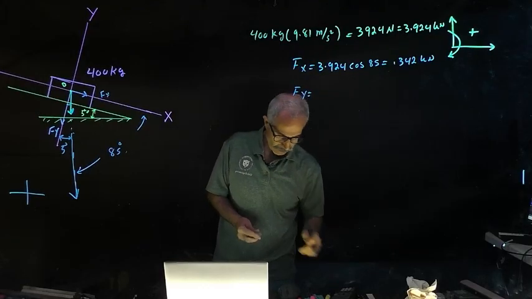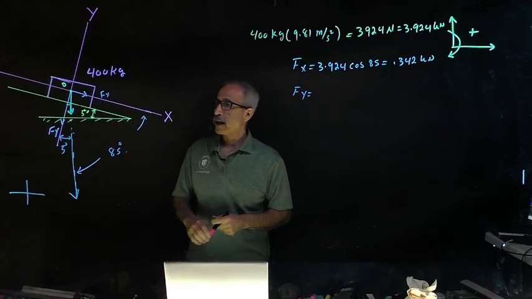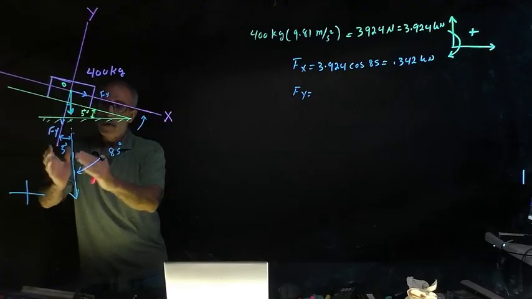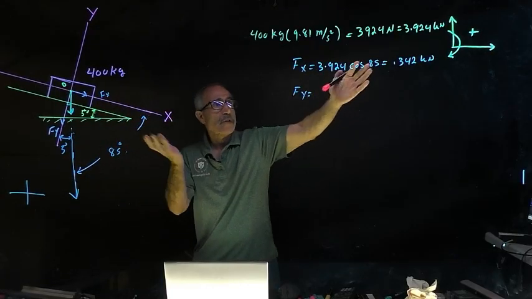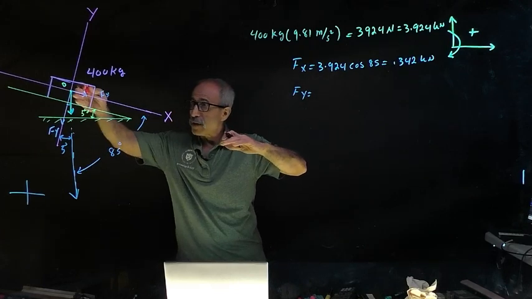And Fy, we can do this two different ways. Let me change color for good luck. So for Fy, I can just close the gap this way. Or because I used this one, I still can use that one. If I use cosine, I can use sine over there. So I'm going to say it's negative, it's coming down negative, right?